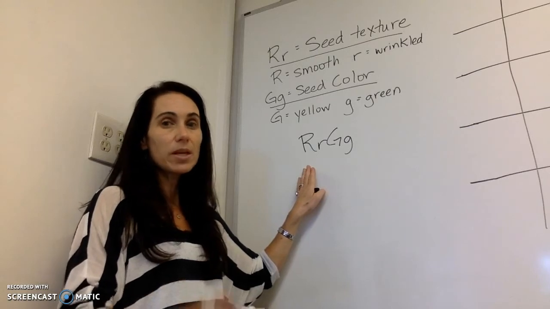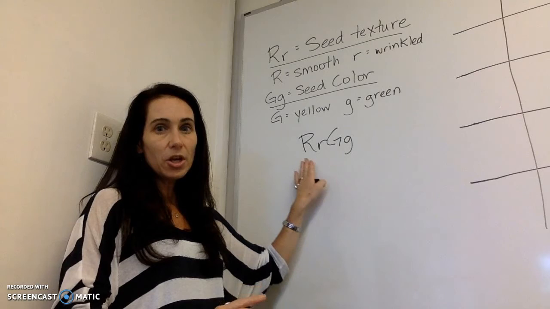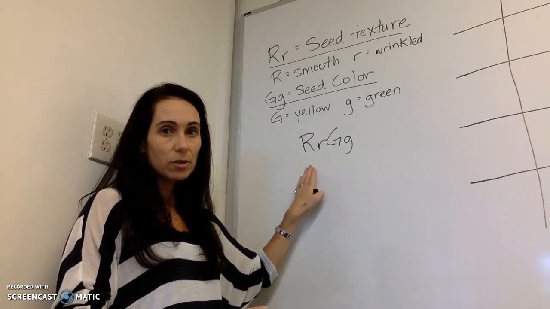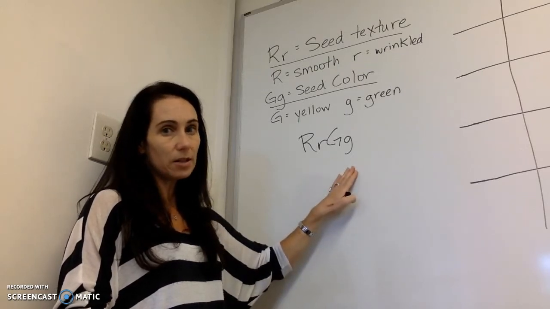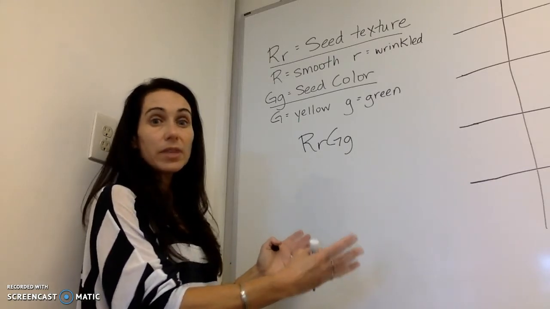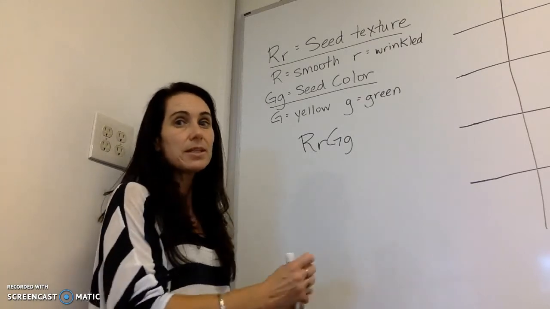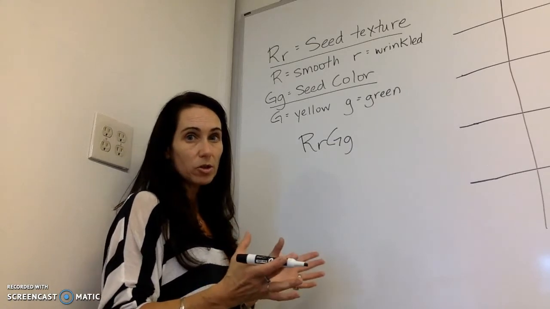And you'll see now, because we're working with 2 traits, that we've got 4 alleles. 2 alleles for each trait. 2 alleles for seed texture, 2 alleles for seed color. So 4 in total. Now the next step is to figure out the gametes, the reproductive cells. And this requires an extra step that isn't necessary when you're dealing with just one monogenic trait.